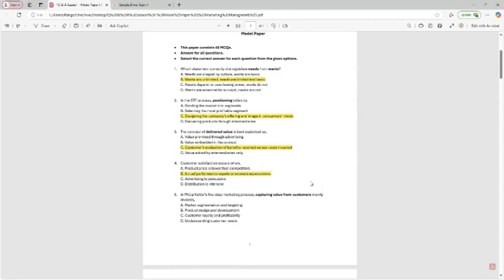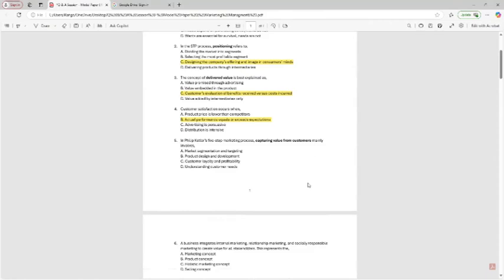Okay. Let's move to the next question, number 5. In Philip Kotler's 5-step marketing process, capturing the value from customers mainly involves... So carefully read the question and try to recall what we learned.